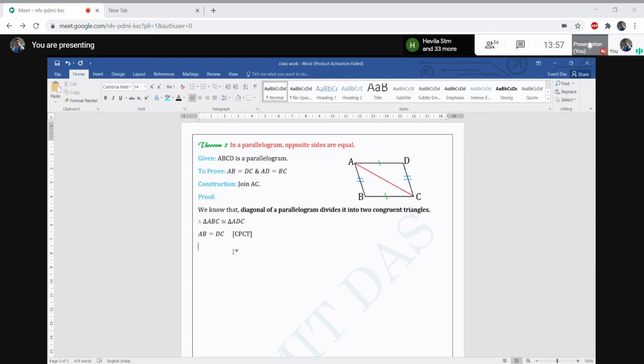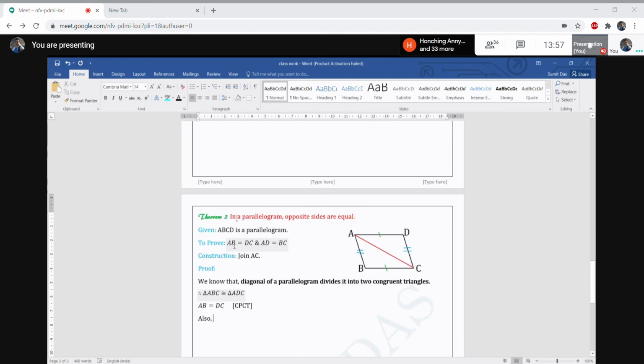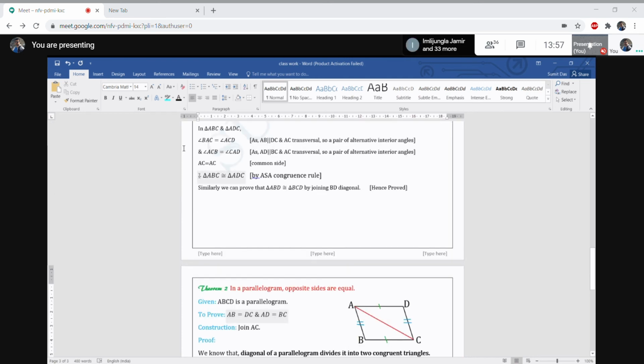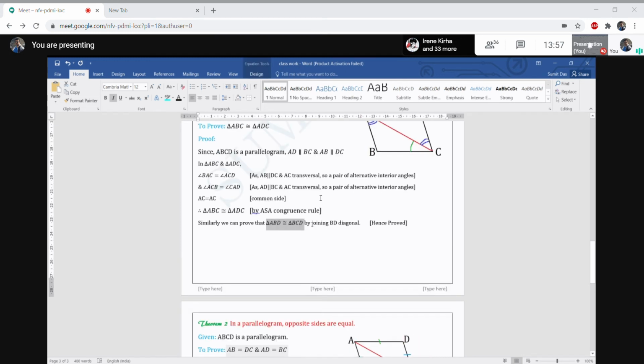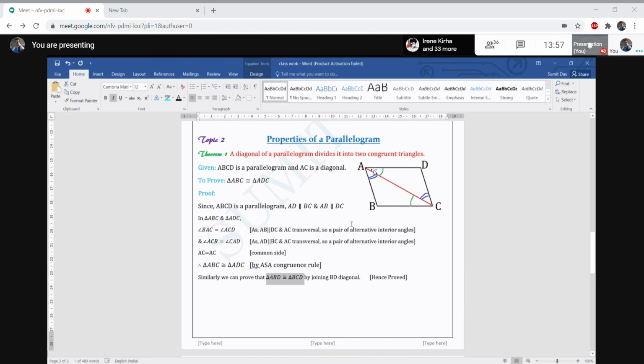Okay. Similarly, as I also told, we can prove this by joining the BD diagonal. We can prove that ABD is congruent to BDC, right?